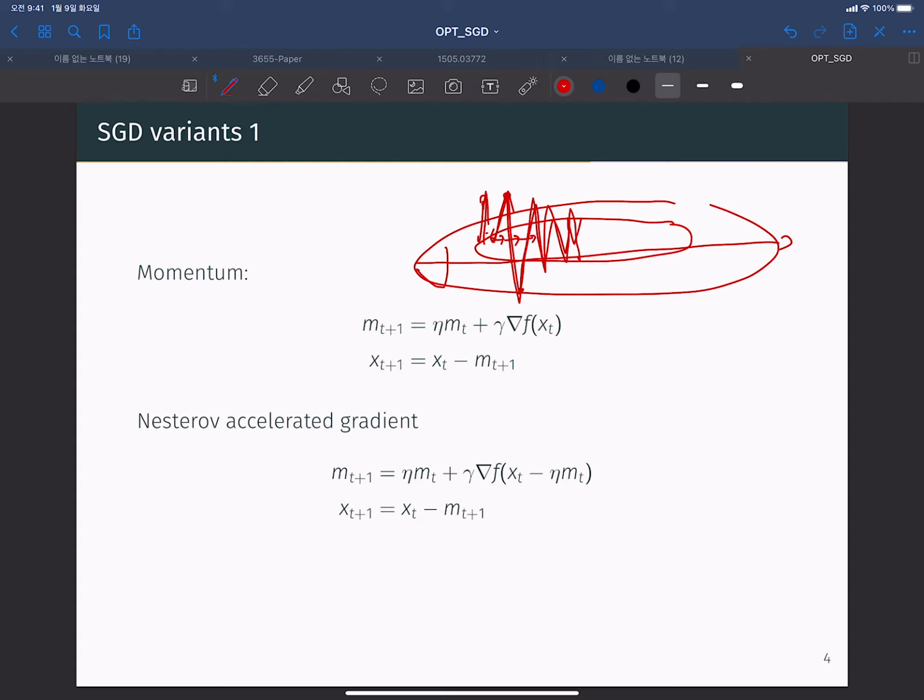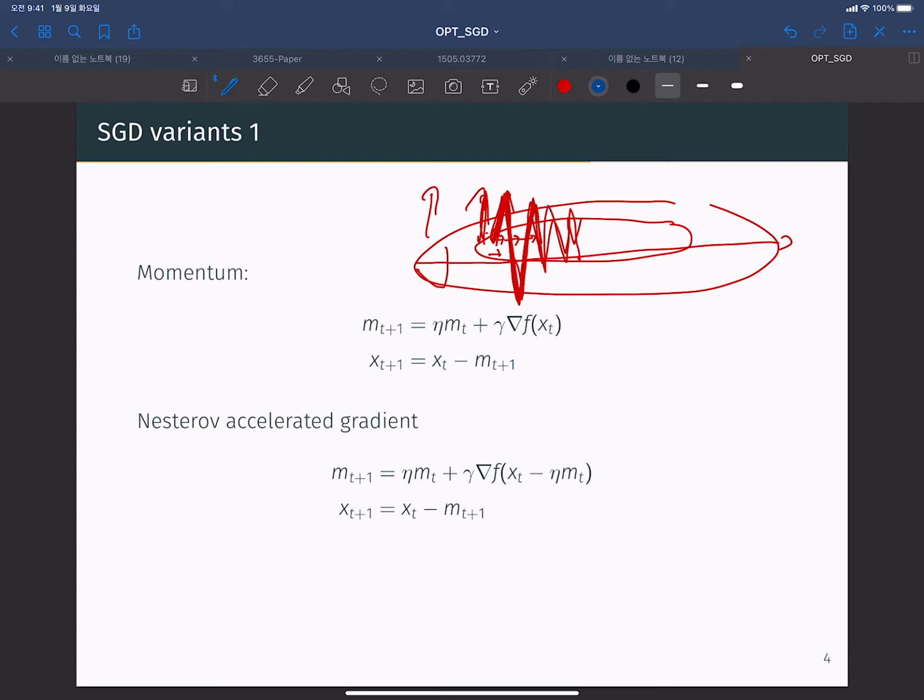So when you average the trajectory, when you add up the past trajectory history, you can expect that in this very steep direction, because you observe opposite-direction updates, the zigzag behavior, it can basically be cancelled out. So you can slow down the movement in this direction when you add up the past history of your trajectory.